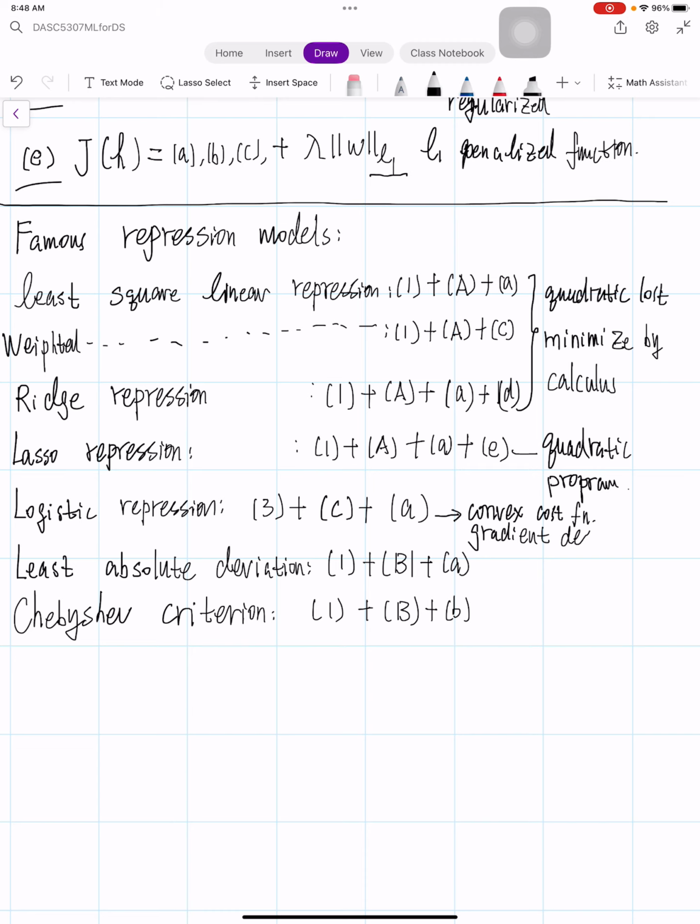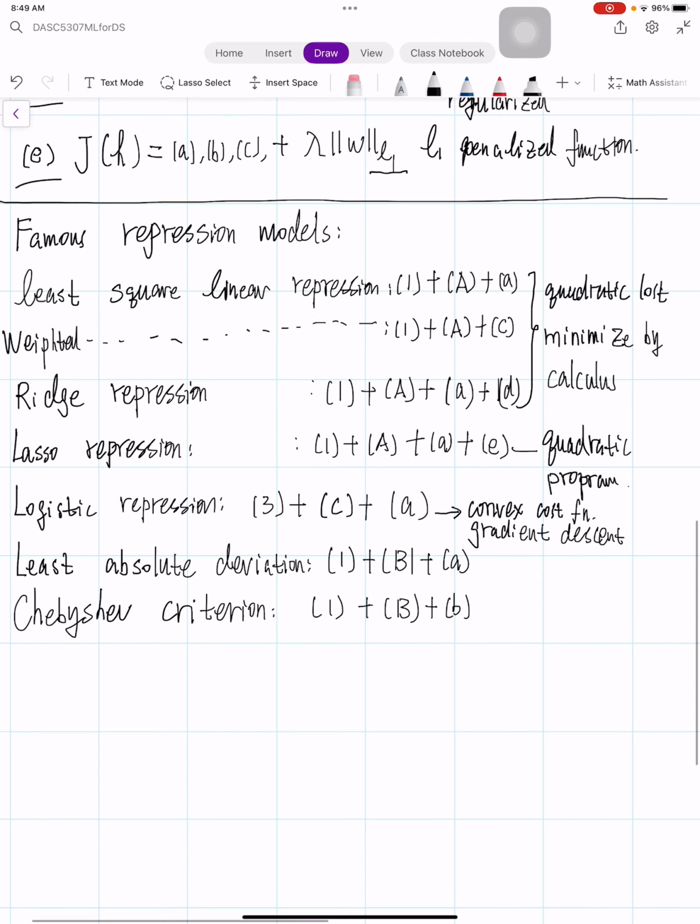And the last two problems also don't have closed form solutions, and need to be solved by linear programming with some constraints.